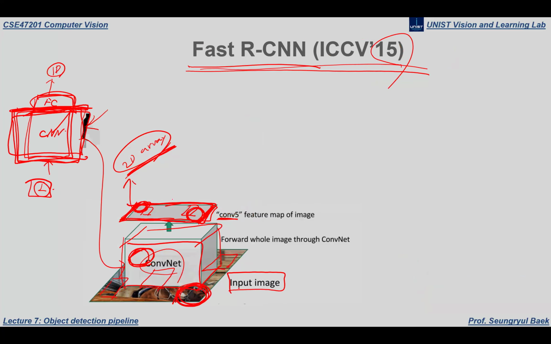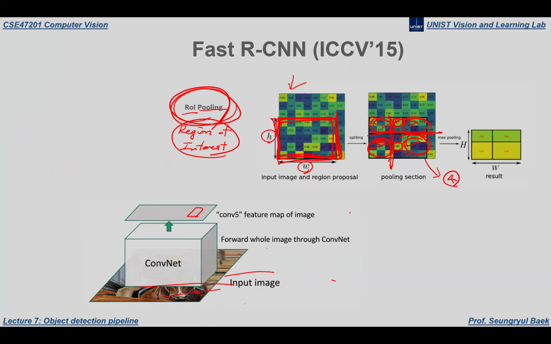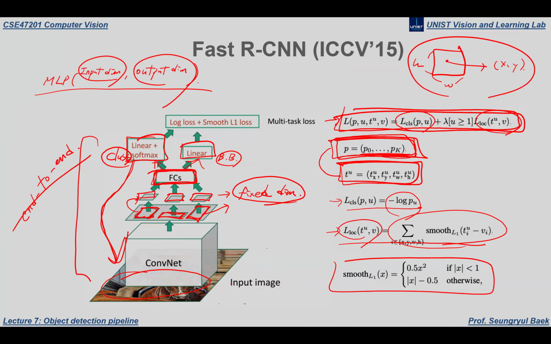But because our features now accumulate some features from the nearby regions, it is similar to considering some context of the entire image when classifying these small regions, okay? Because of that, the accuracy of fast RCNN is also becoming higher.